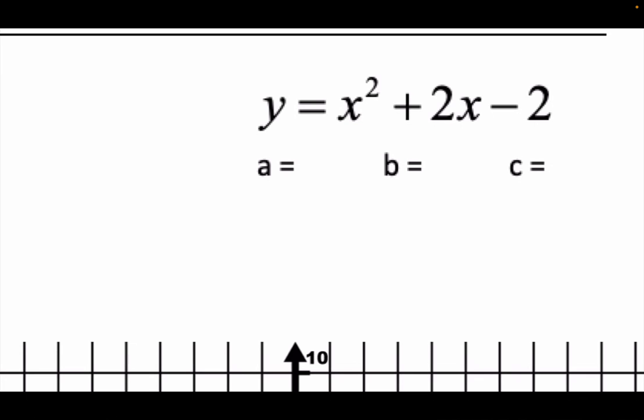No, if it was 0, that guy wouldn't even be there. If it's there, there's always a 1 in front. So A is 1. B, what is B? Positive 2. What is C? Negative 2. Good. Step 1, done.